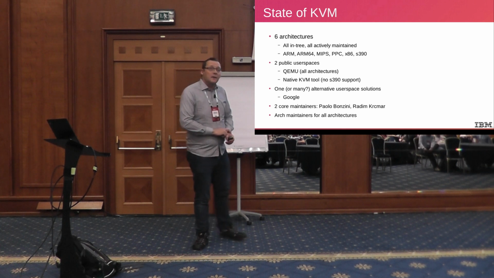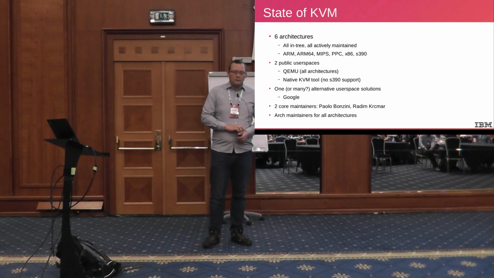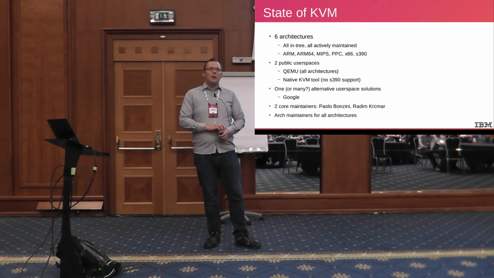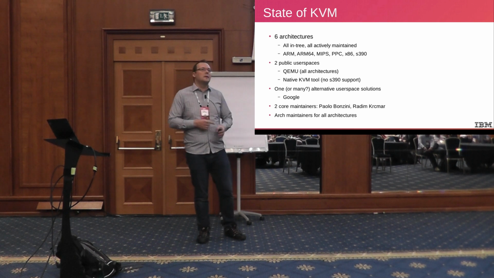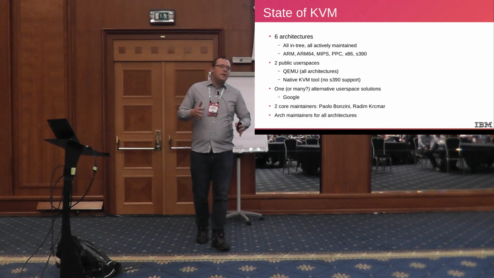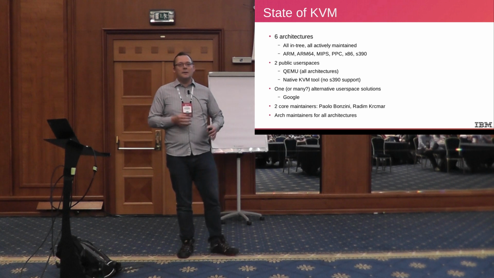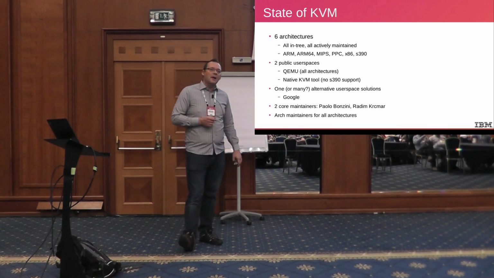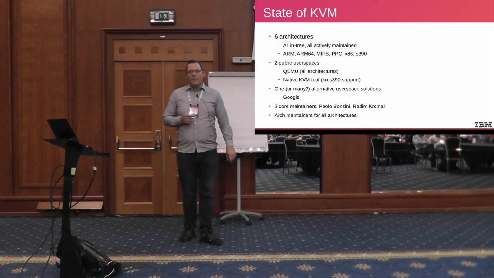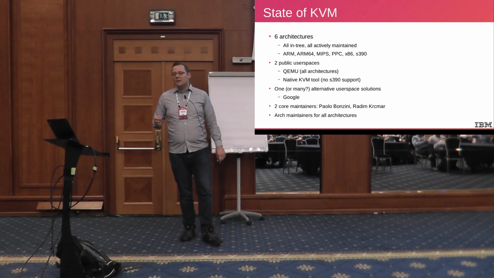There's also still the native KVM tool, which is less actively maintained, but it still supports all architectures except S390, and for specific cases, this might be enough. If you have followed KVM over the last years, you know that Google is also using KVM in their cloud. But Google is not using QEMU or KVM tool. They have their own user space.